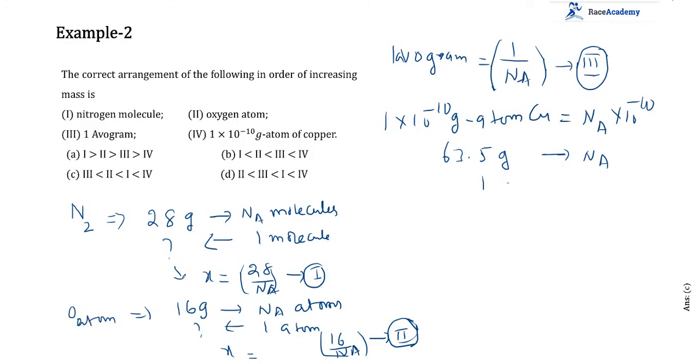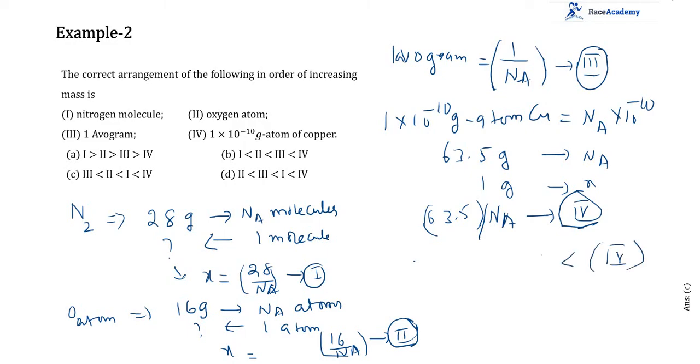So now here you got 63.5 by Avogadro number, 1 gram atom, assume it is Roman 4. Among these, 63.5 by Avogadro number is the big value, so that is Roman number 4.